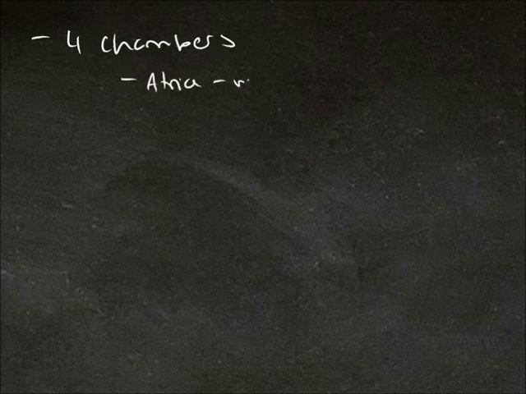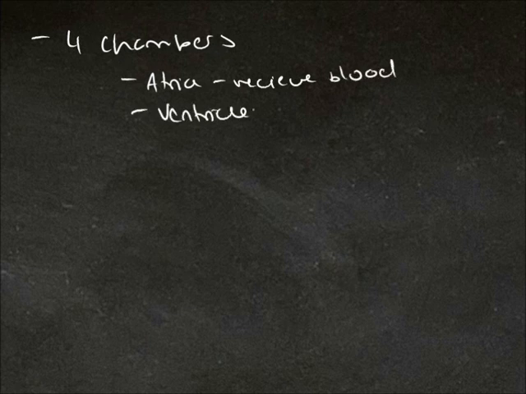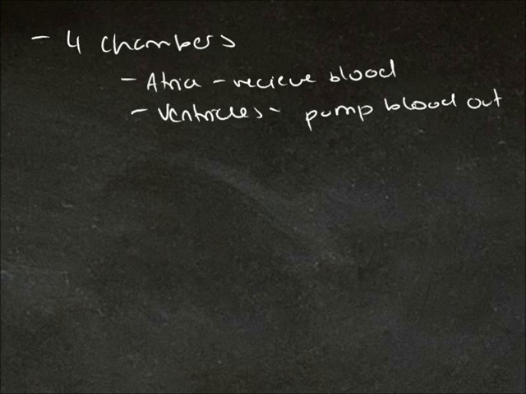Okay, just some info. The heart has 4 chambers, 2 atria, which receive blood, and 2 ventricles, which pump blood out. The walls are made of cardiac muscle.